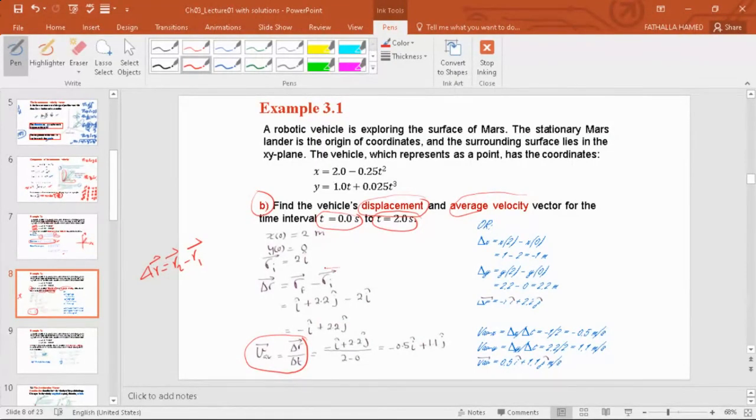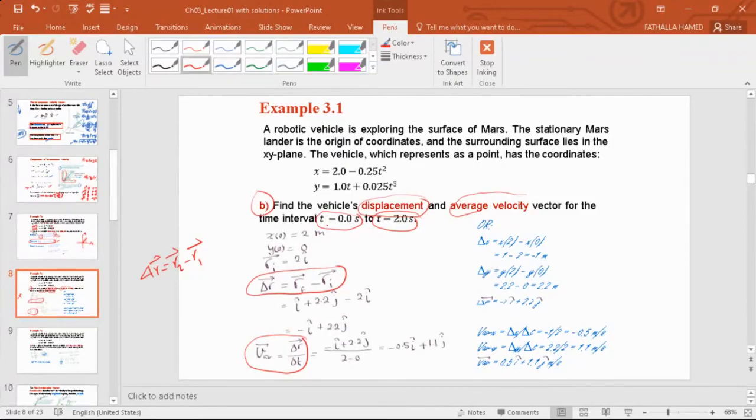Here we use delta R equal to R final minus R initial, which is 2 minus 1. So what is our R initial and what is our R final? The R initial is at t equal to 0, and R final is at t equal to 2 seconds.